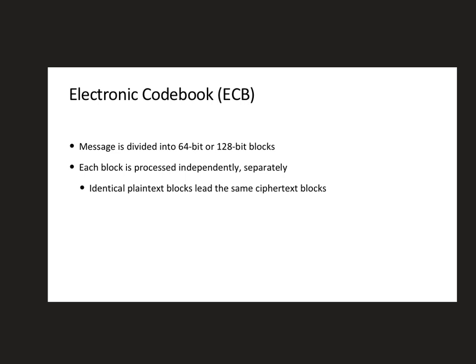Let's see the first mode of operation we're going to describe today, the ECB, the electronic codebook. The entire message is divided into 64-bit or 128-bit blocks, which means the blocks of the entire plain text can be, say, 64 bits or 128 bits. So this is the whole plain text, and each one is one block.